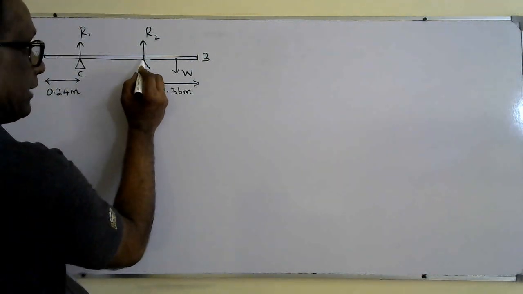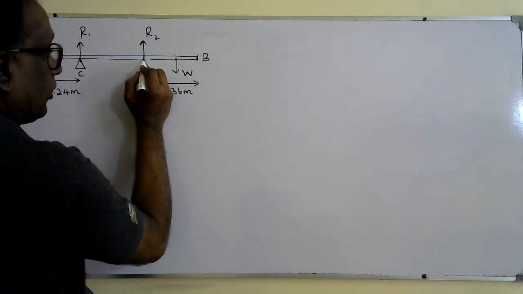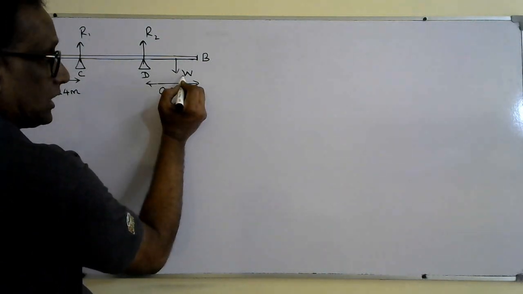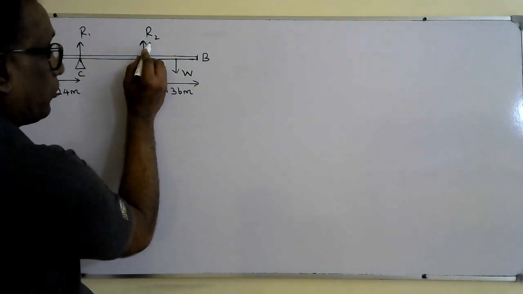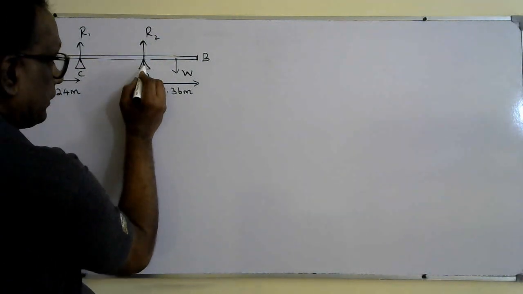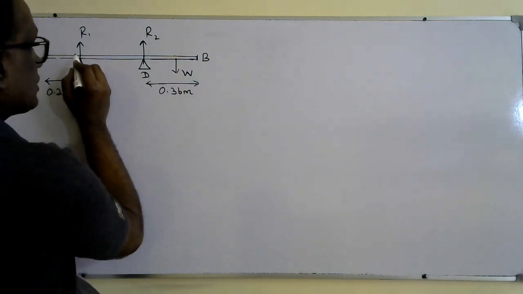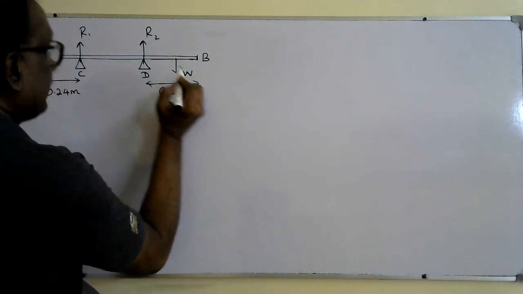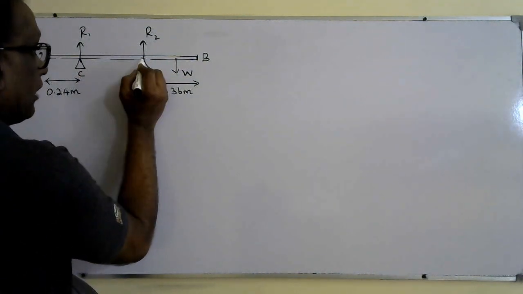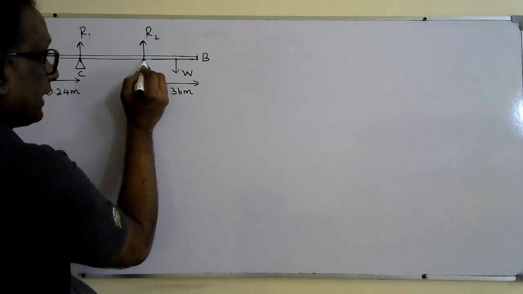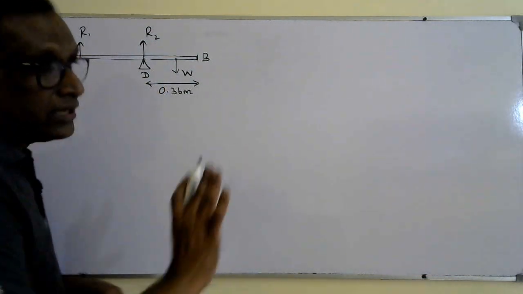So we take moment about D. When we take moment about D, this will provide a clockwise moment. This moment is 0 because it's passing through D. This also will provide a clockwise moment. So only two forces are acting on AB, the weight and the contact force at C. R2 is also there, but when I take moment about D, R2 won't appear.